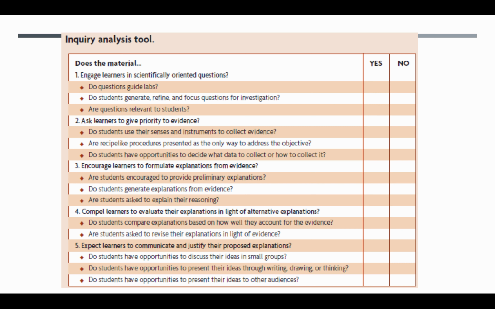So rust, the process of rusting, when metal oxidizes, is a chemical change because eventually that metal will completely break down and it changes to that rusty material, and we can't get that metal back once we get that rust. So in and of itself right here, there's no inquiry in this. And I couldn't find any standards of learning that would match for this activity.